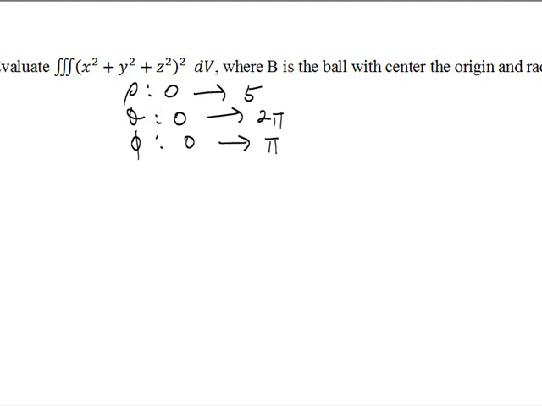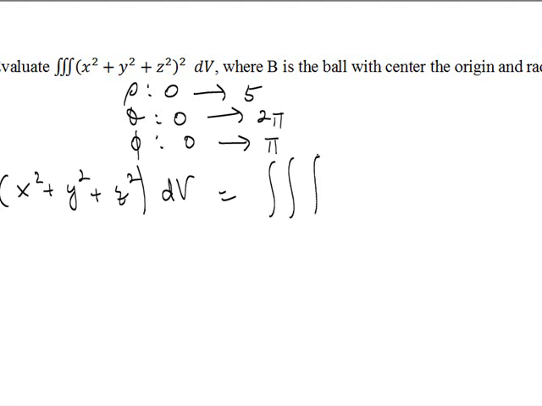So let's set up this integral. X squared plus y squared plus z squared, squared, dv. Triple. What does the integrand become? This is rho squared. Very good. So in the parentheses, there's rho squared, right? Rho squared squared.